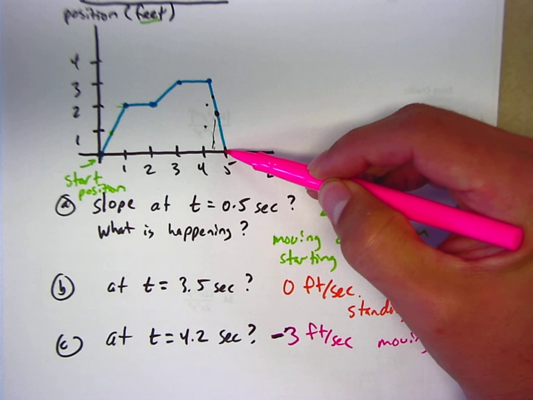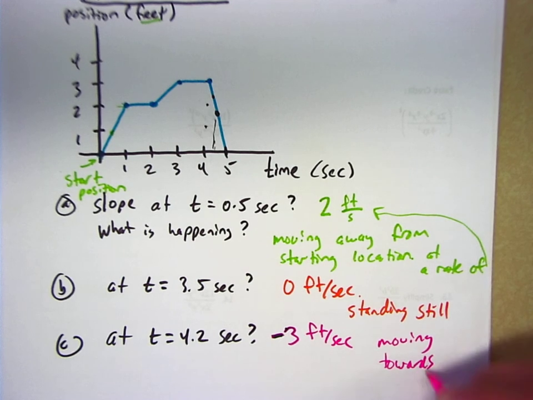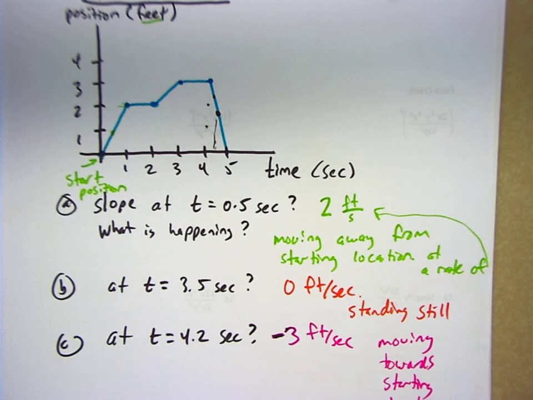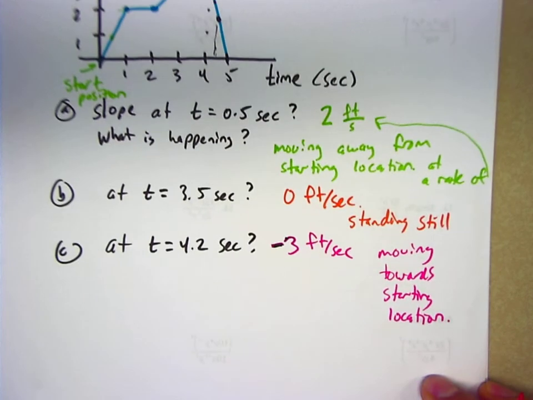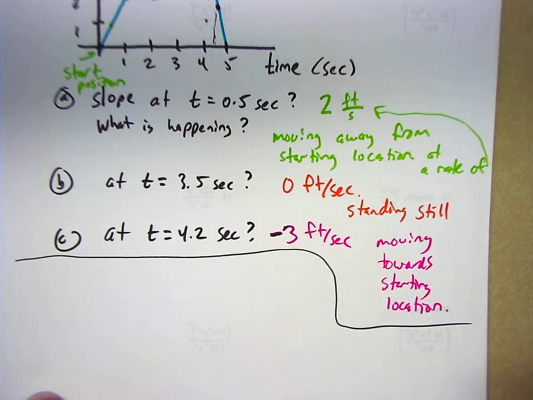Does that make sense? So, moving towards the starting location. So that's how to look at a graph and understand and interpret slopes and how this all relates.